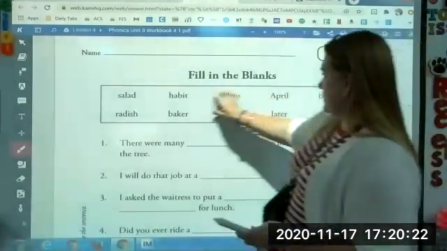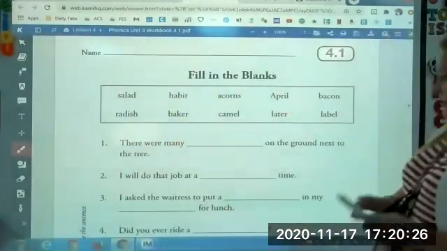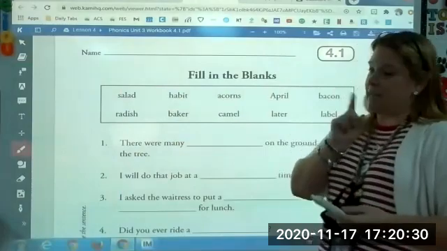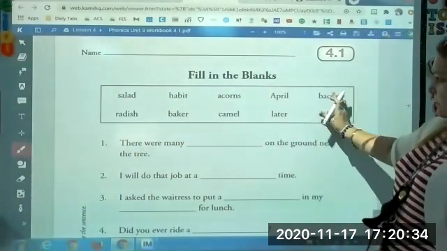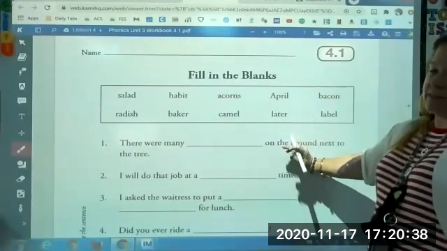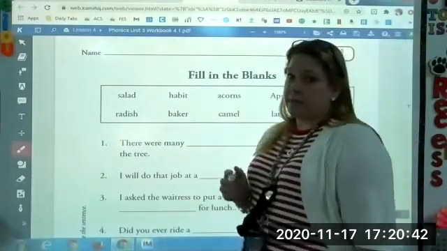You have 2, 4, 6, 8, 10 words in the word bank. So one of these, this sentence has 2. So you're going to use all the words at one time. You're going to read the sentence and pick which one of these words makes the most sense in the sentence. Then you're going to use your text box and type the word in there so that it makes the sentence complete.